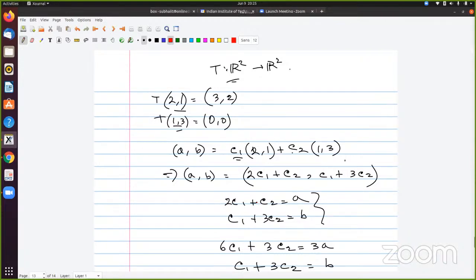If the images of the basis elements are given, then you can completely find what the transformation is. That is the point. Whatever pre-images and images we are given, we must first check whether the pre-images actually form the basis. If you know the images of the basis elements, then you can easily calculate the whole linear transformation. So in fact, the question itself is an indication. Yeah, right.